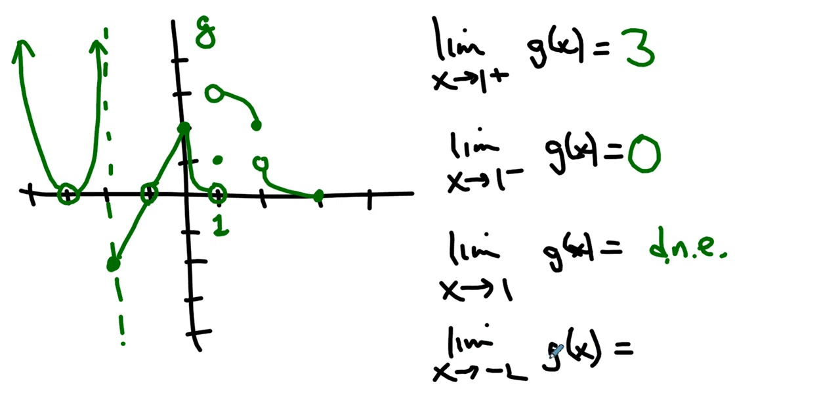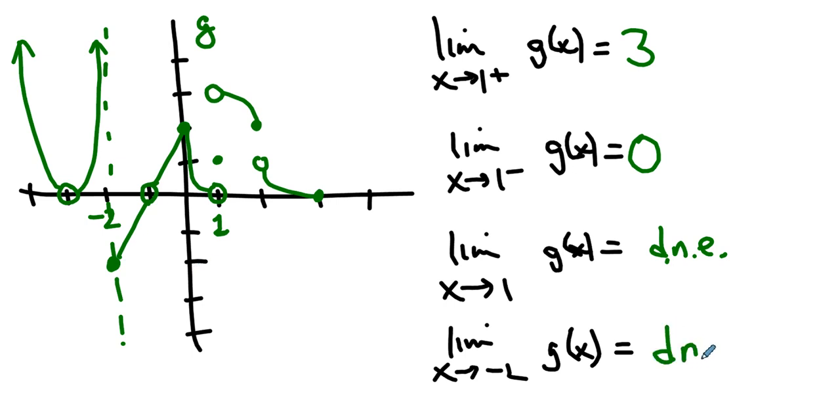Similarly, the limit of g of x as x approaches -2. Well, here's -2. The limit of g of x as x approaches -2 from the left, that's positive infinity. That's going up, up, up, up, up. But as x approaches -2 from the right-hand side, those y values are getting closer and closer to -2.